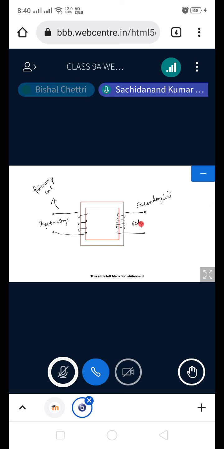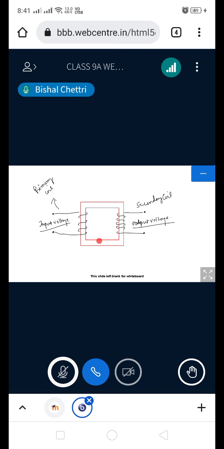So will they be connected? No. I'm coming to the working way. First, understand the diagram only. So this is your output voltage. You'll get the output voltage from here. This is the input voltage.